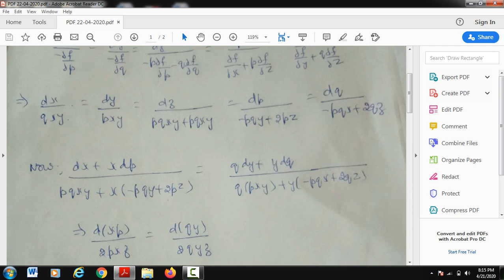So here I am using the factor dx plus x dp and dy plus y dq. Sorry, not q dy, it will be dy only. Sorry, I have written it wrongly. There will be no q over here. So the factor is p dx plus x dp.